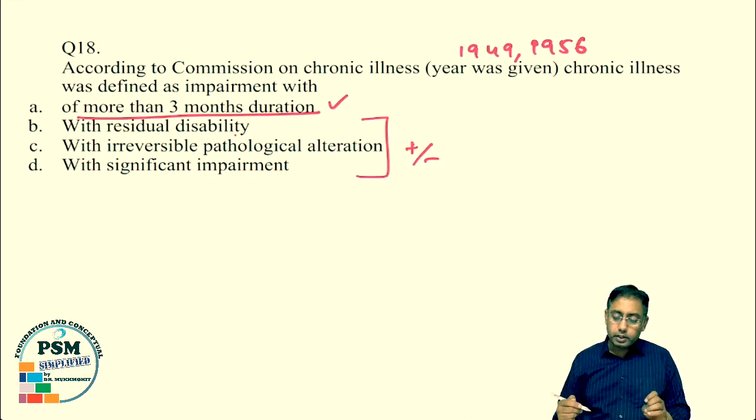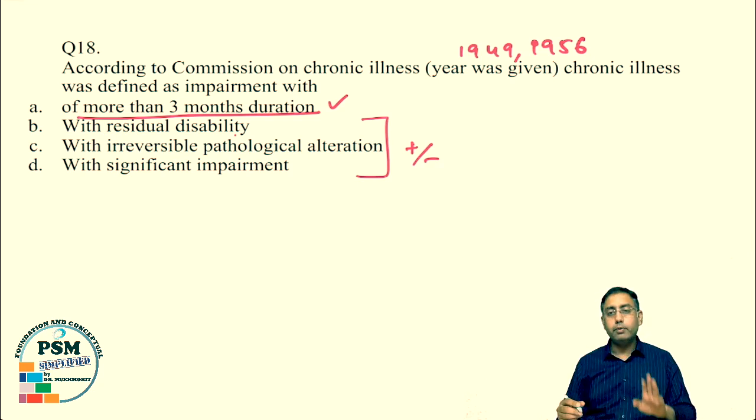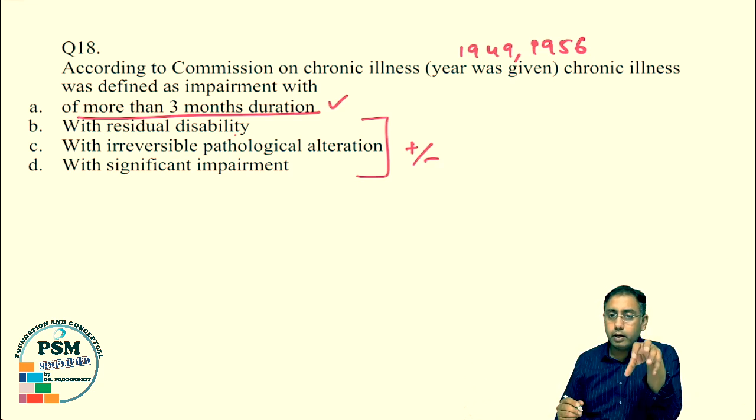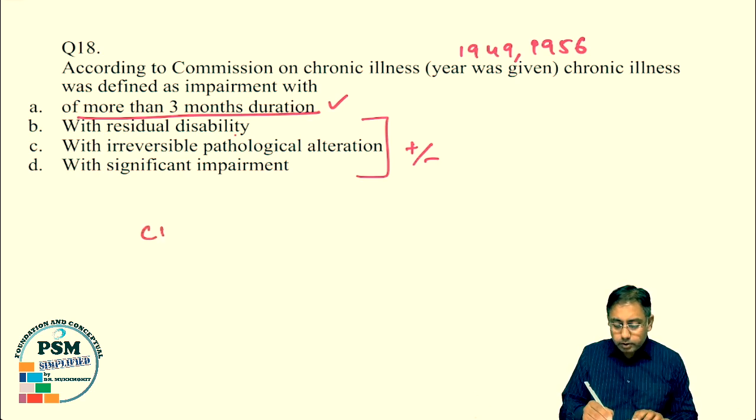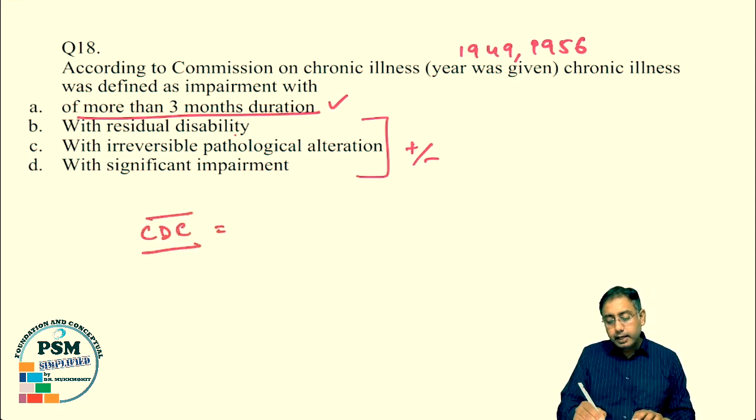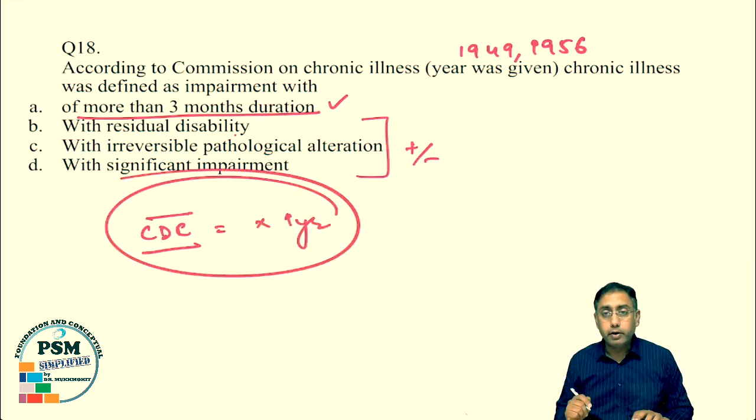Anyways, for this question, it was a simple question, simple answer. According to the Commission on Chronic Illness, chronic illness is anything defined as more than 3 months duration. I would like to bring to light one small point: according to the CDC Atlanta guidelines, anything more than 1 year is taken as chronic illness, but that is only for CDC Atlanta.